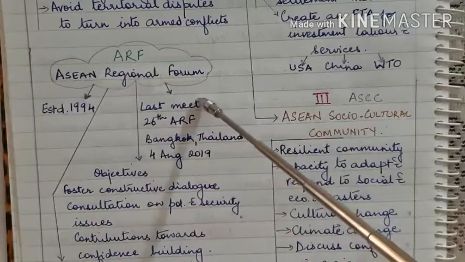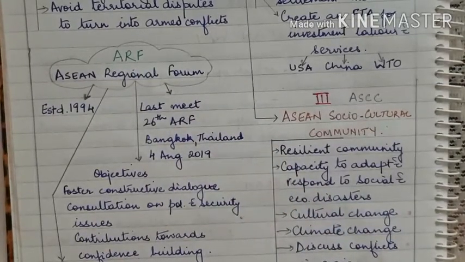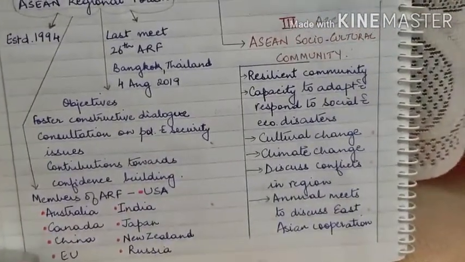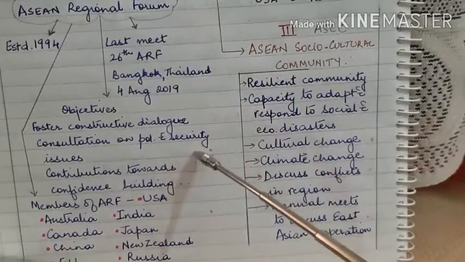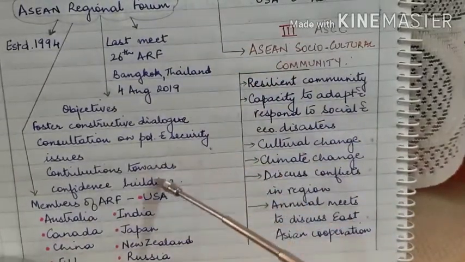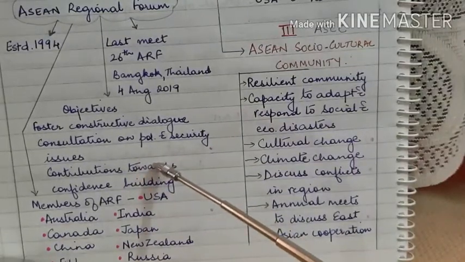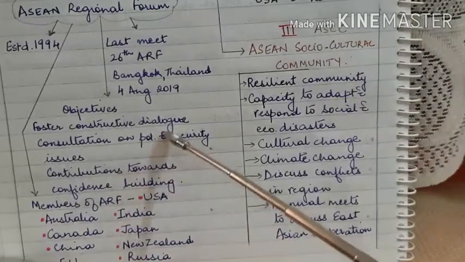The ASEAN Regional Forum was to work in collaboration with each other, and the main objectives of the forum were to foster constructive dialogue, consultation on political and security issues, and contribution towards confidence building. So these were the main objectives of the ARF.